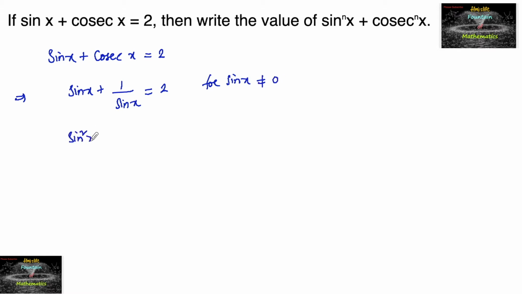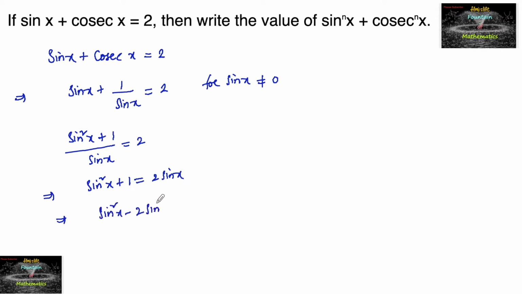Then we have sin square x plus 1 upon sin x is equal to 2, which implies sin square x plus 1 is equal to 2 sin x, or we can write this as sin square x minus 2 sin x plus 1 equals 0, or this is the same as (sin x minus 1) whole square is equal to 0.